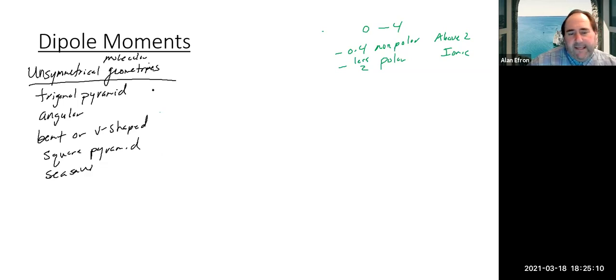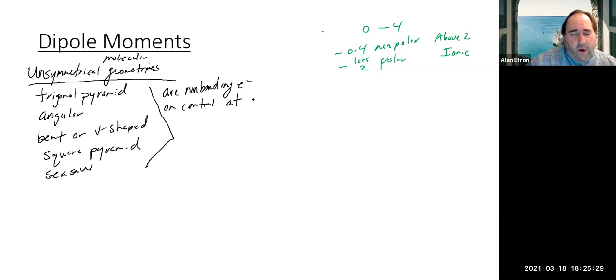What all these guys share in common is, if you remember when we looked at these geometries, there are non-bonding electrons on the central atom.